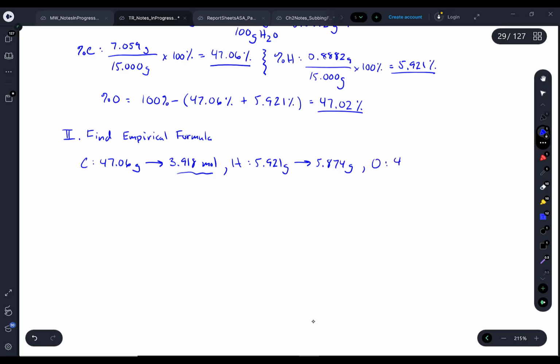So we have 47.02 grams. Sorry, my unit is wrong here. This is moles. And so we're going to divide that by what? Very good, 16 off the periodic table. And so that's 2.939.